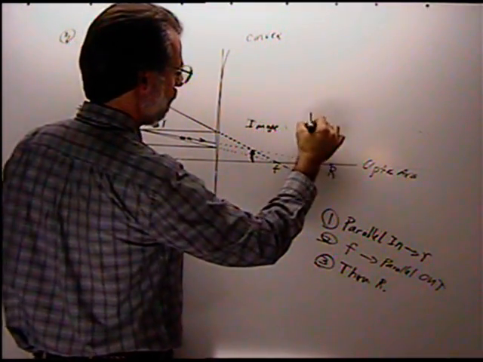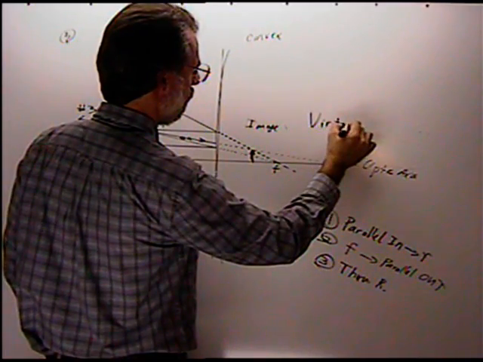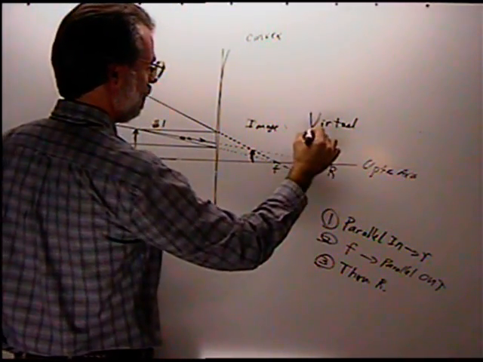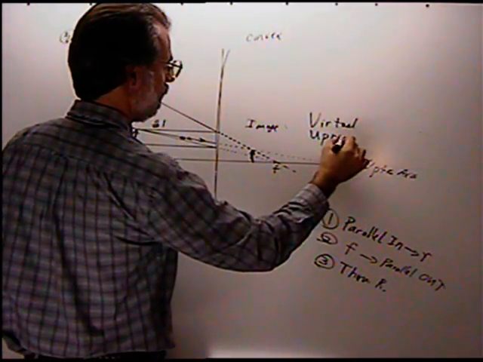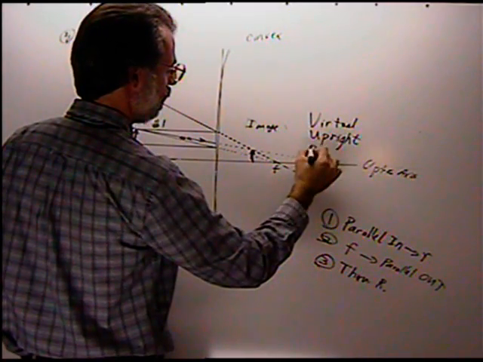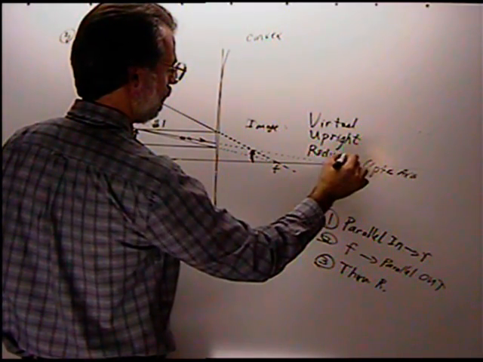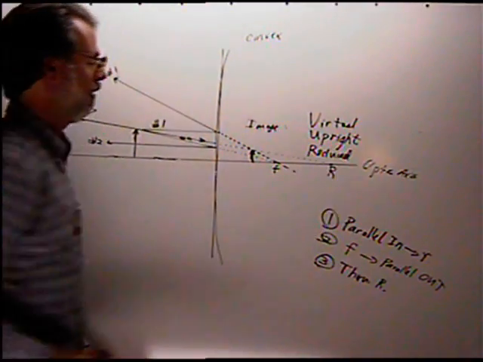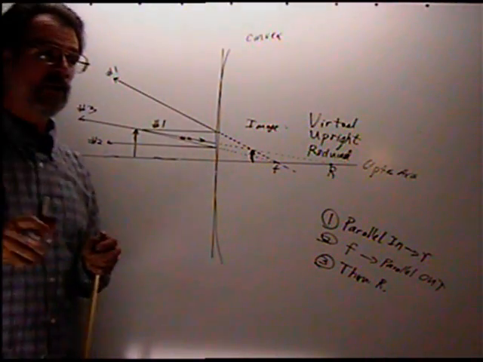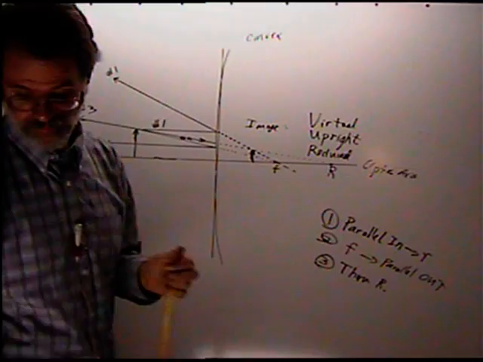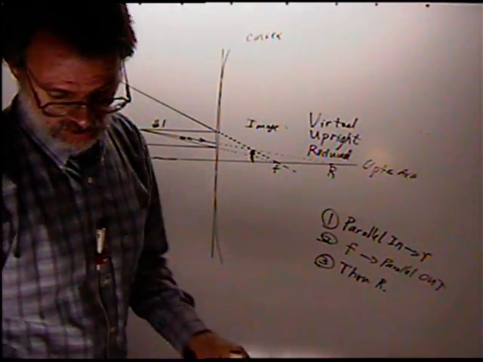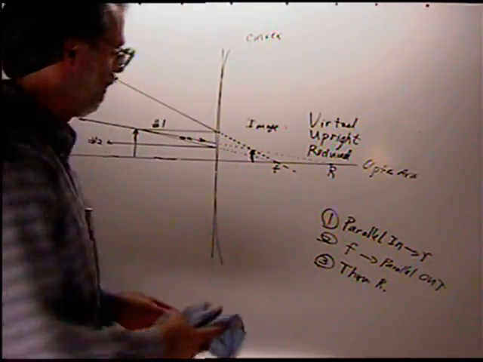And what is it? It is a virtual image. It is upright, and it's reduced. Okay? This is definitely a harder one to draw. Okay, that's number 3.